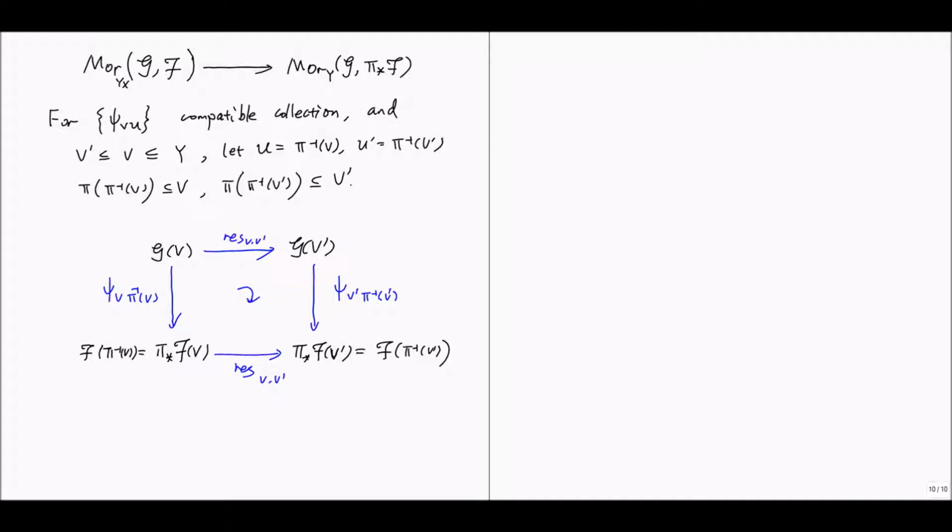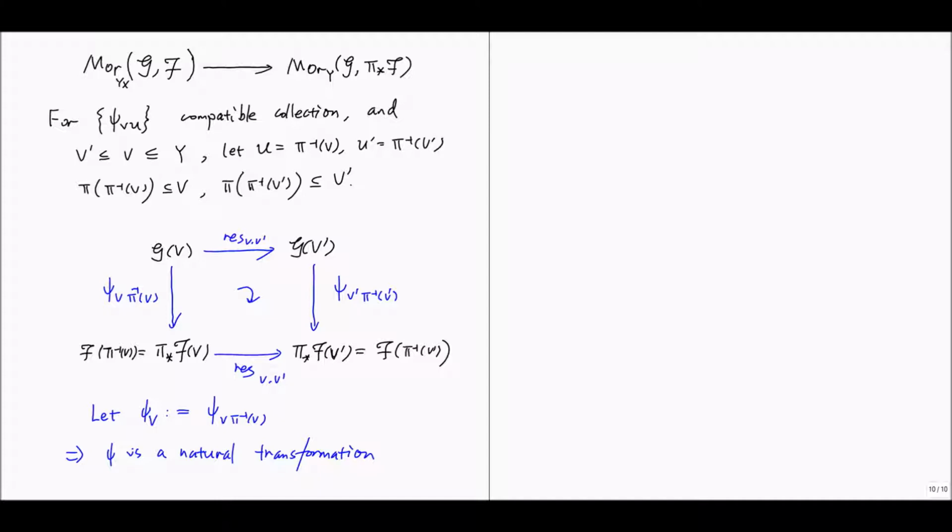So we will simply define our natural transformation from G to pi star of f to be psi sub V pi inverse of V, and psi will be a natural transformation by this commutative diagram.